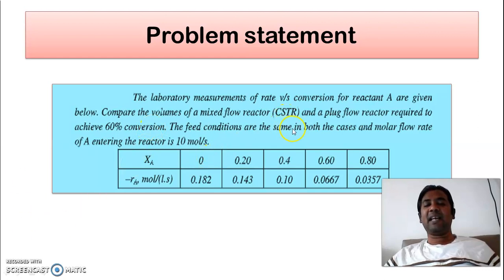The feed conditions are the same in both cases and the molar flow rate of A entering the reactor is 10 mole per second. So XA and rate, these two things are given in the problem.